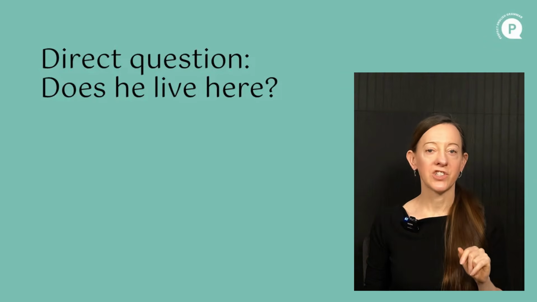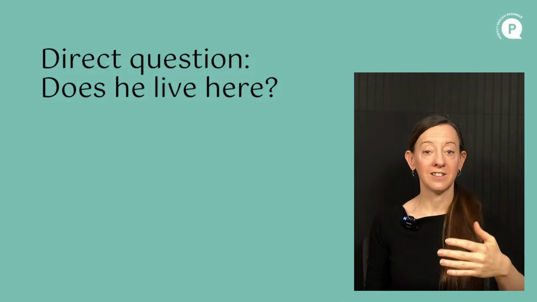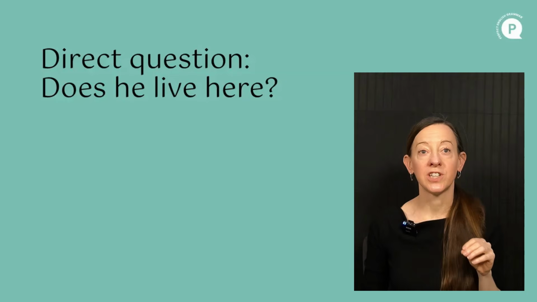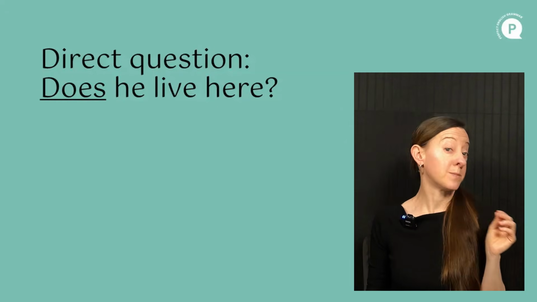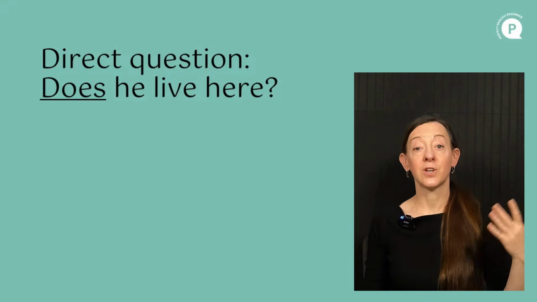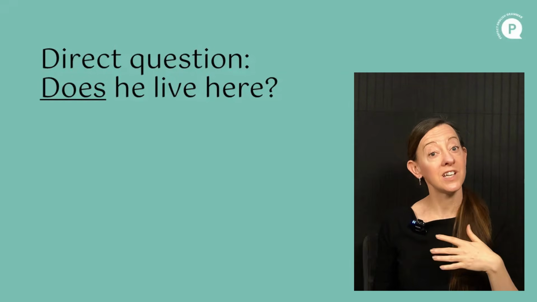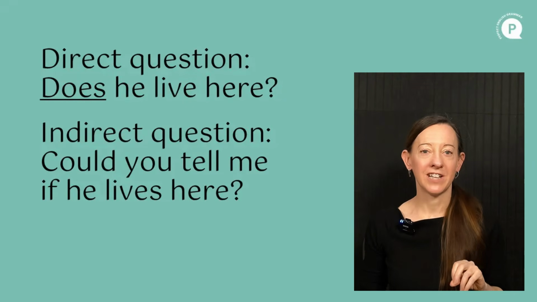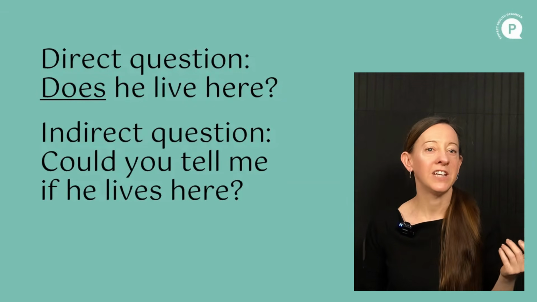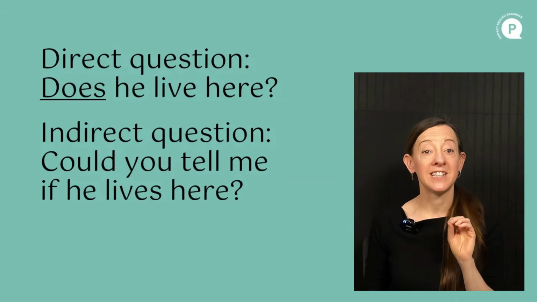Let's take another example. Direct question, does he live here? In the direct question, we use does because it's a present simple question, and so we need to add do or does. With the indirect question, could you tell me if he lives here? We don't need does.